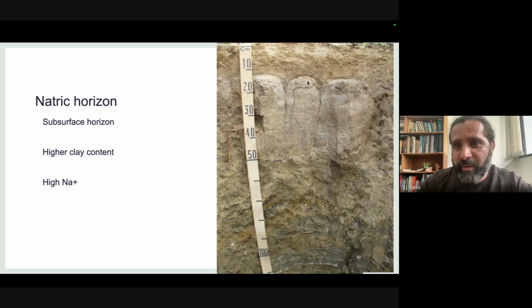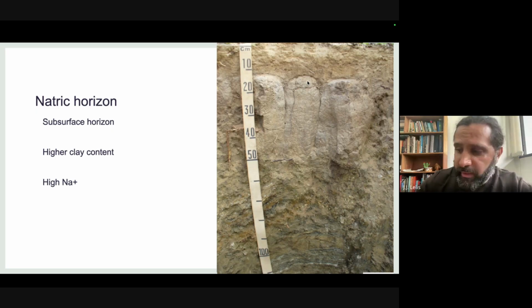That's why we say that yes, we have a higher clay content at the subsurface horizon, but this process, let's say, is more complex than just clay alluviation that we can see in other areas and forms the argic horizon, okay?